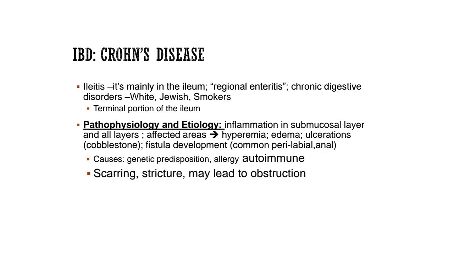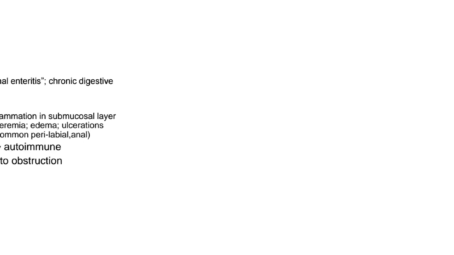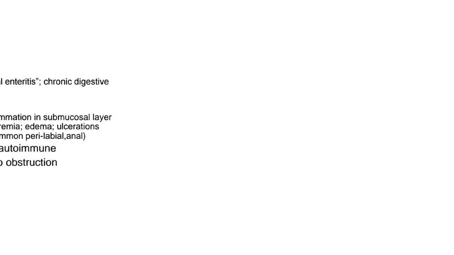So let's go over here and take a look at ileitis for just a minute. Okay, so we're going to look at the colon. So here we have the cecum.